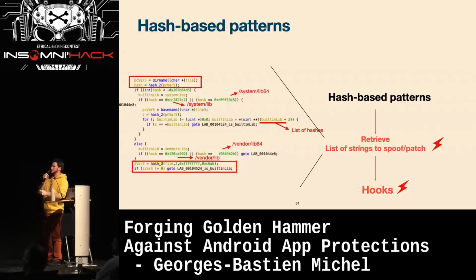So instead of comparing the beginning of each file path with a hard-coded system /lib string, for example, it hashed this value and compared it with hard-coded hashes.